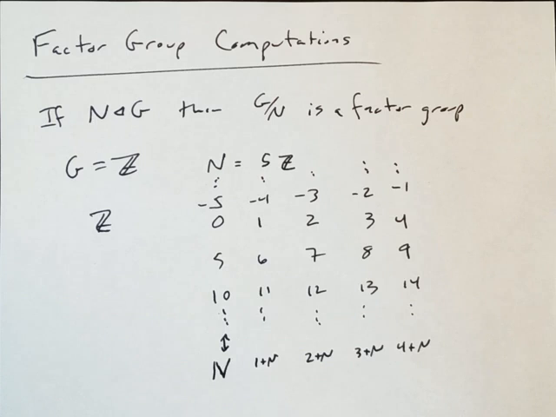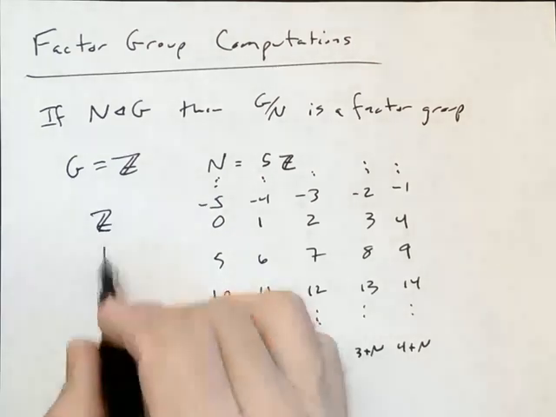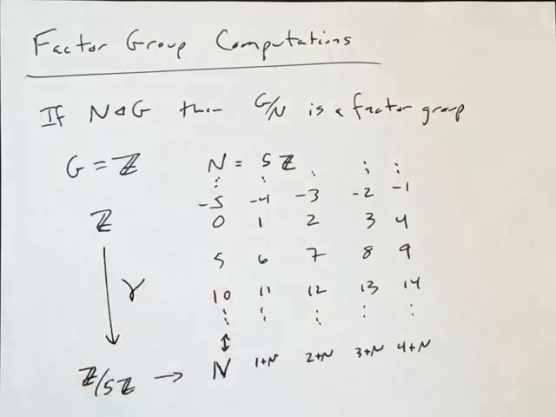So this collection, this is my factor group. And the map that goes from top to bottom here is the map gamma in our fundamental homomorphism theorem.